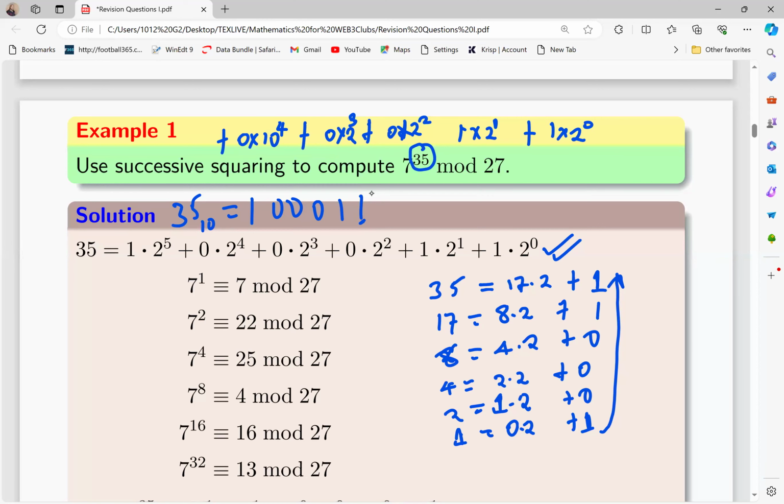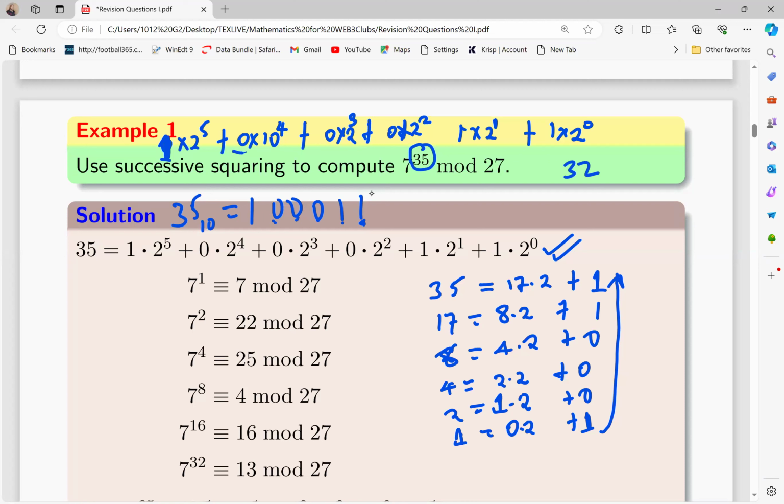And then this is 1, times 2 raised to 5. I just began from here, expanding. So these are 1, 2, 3, 4, 5, 6 digits: 2 raised to 0, 1, 2, 3, 4, 5. So what is 2 raised to 5? 2 raised to 5 is 32.